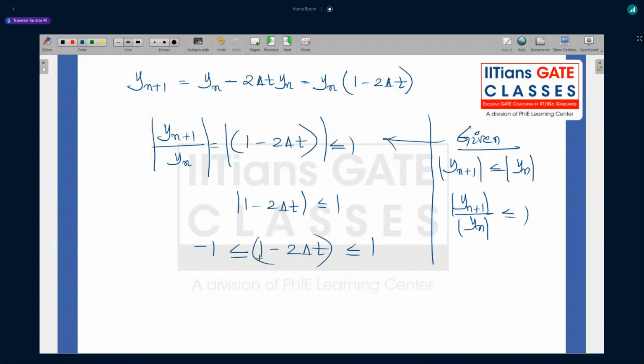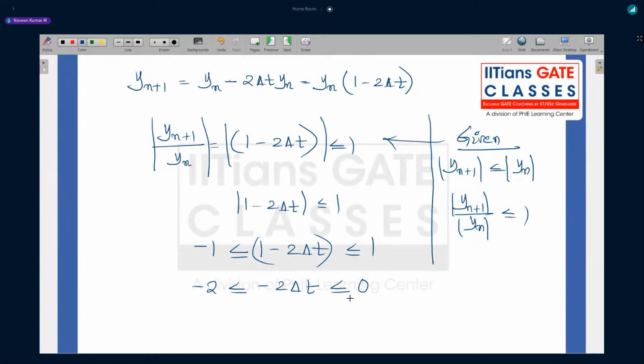Just subtract 1 on both sides. So minus 2 is less than or equal to minus 2 delta t, less than or equal to 0.